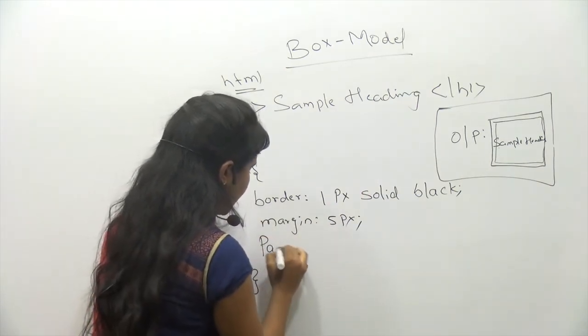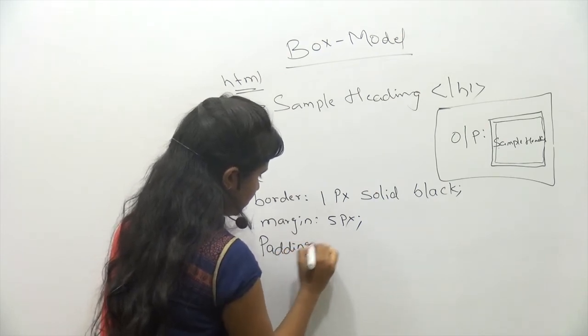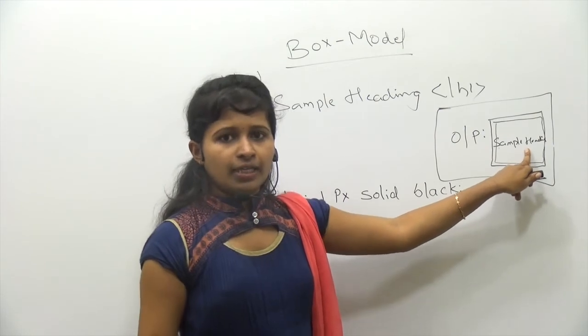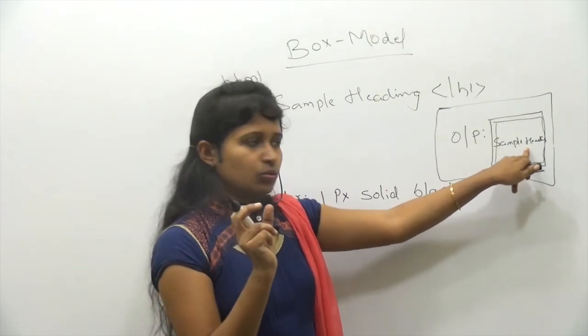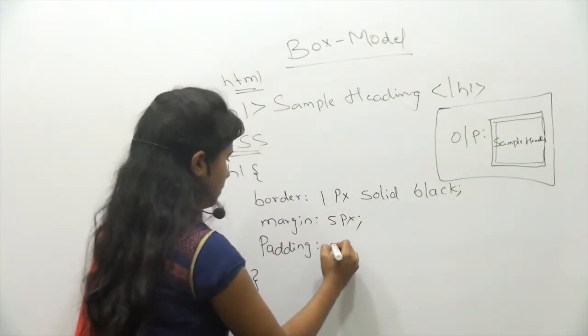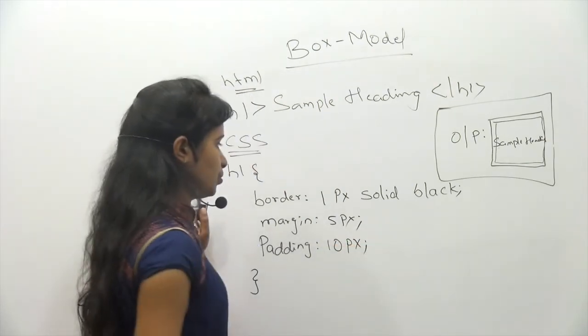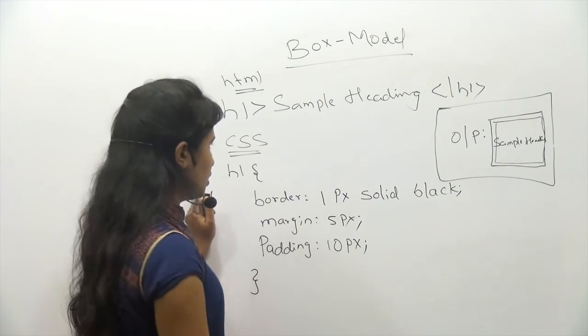And coming to the padding, padding means how much space the text inside the box needs to keep from the border. See, I am giving here 10 pixels, let us suppose 10 pixels.